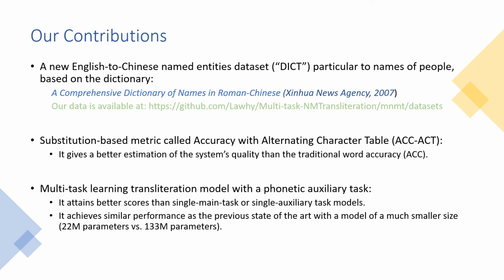Second, we developed a new evaluation metric specific to our task, which gives a better estimation of the system's quality than the traditional one. We'll explain it later. Third, we designed a multitask learning transliteration model, which attains similar performance as the previous state-of-the-art while having a much smaller model size.